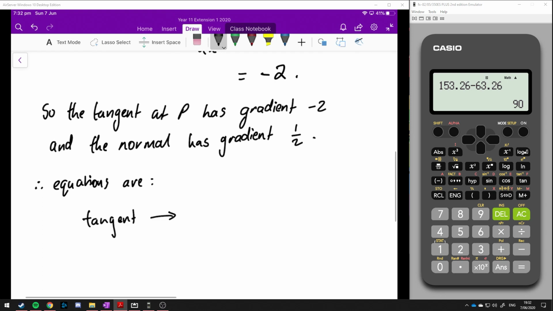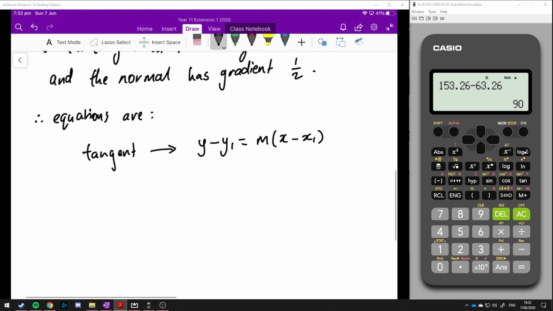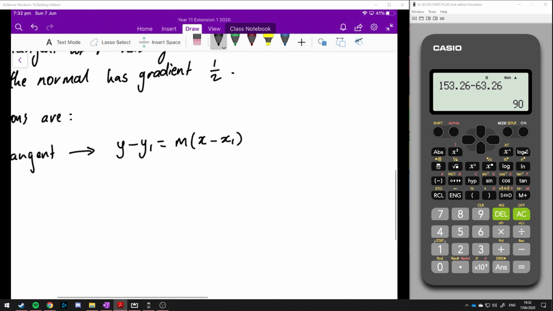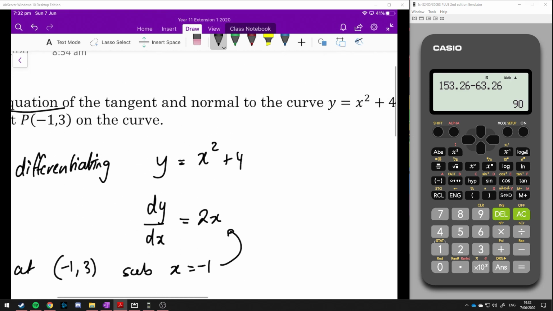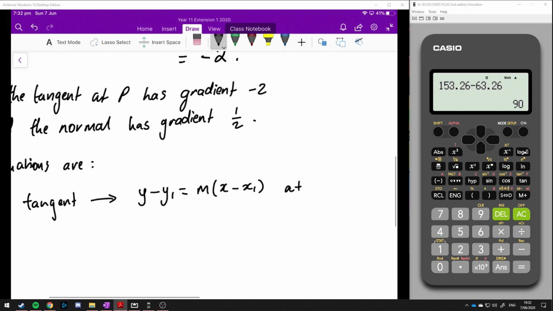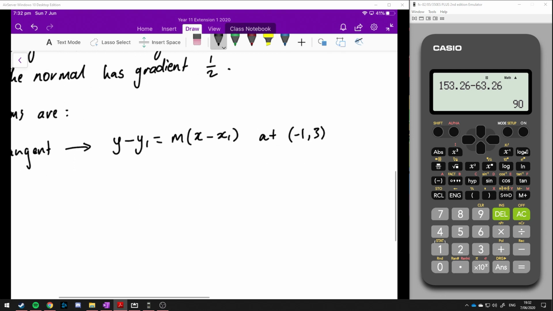The tangent is going to be y minus y1 is equal to m lots of x minus x1. Whenever we want to find the equation, like it says in the question, we're going to use that. I'm going to use the point negative 1, 3 and substitute our values in.